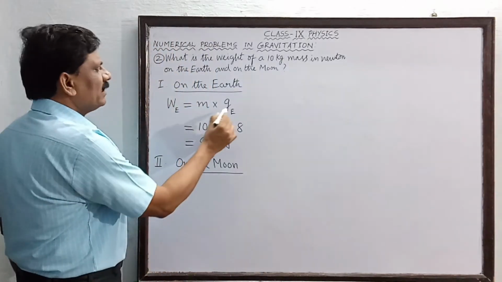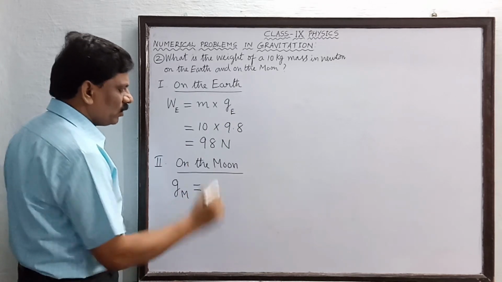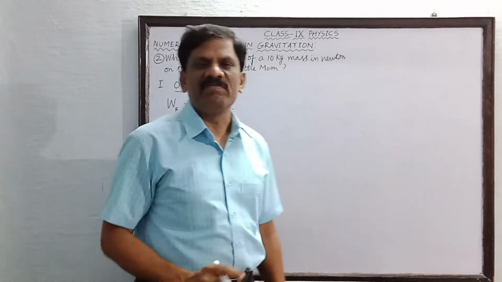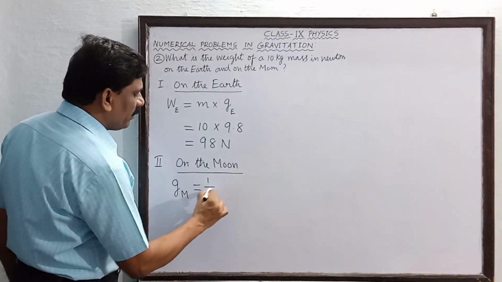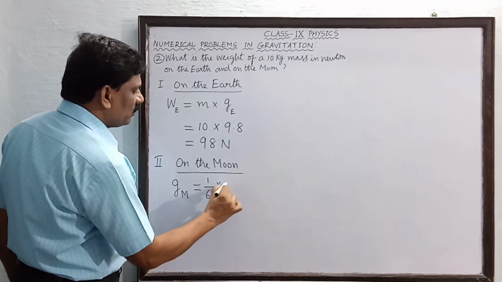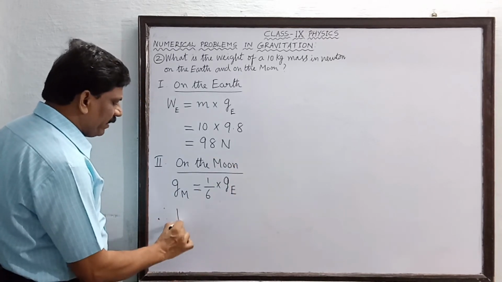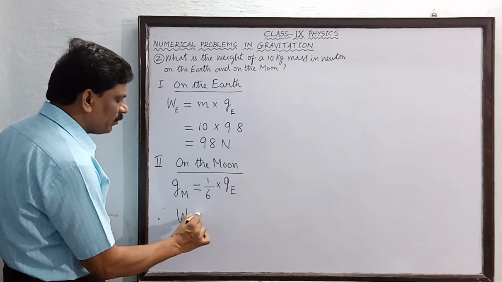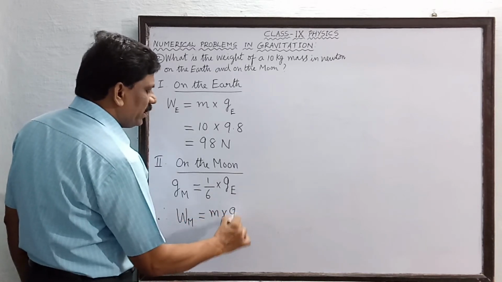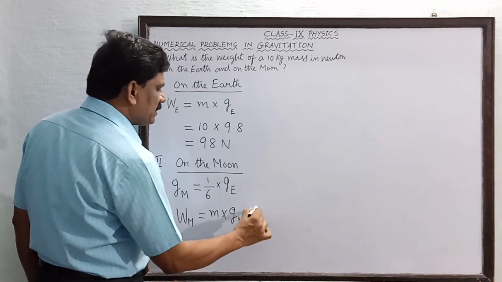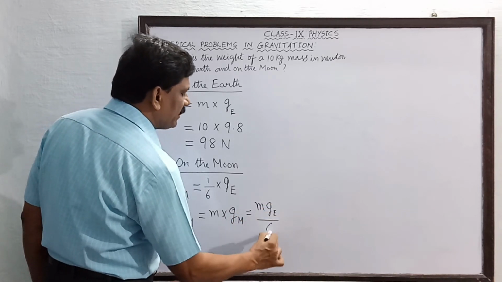So, this G on moon is equal to 1/6 of the value of G on the earth. So, this is equal to 1/6 into G on earth. Therefore, weight of the body on moon must be equal to mass into G on moon. So this is equal to M into G on earth divided by 6.